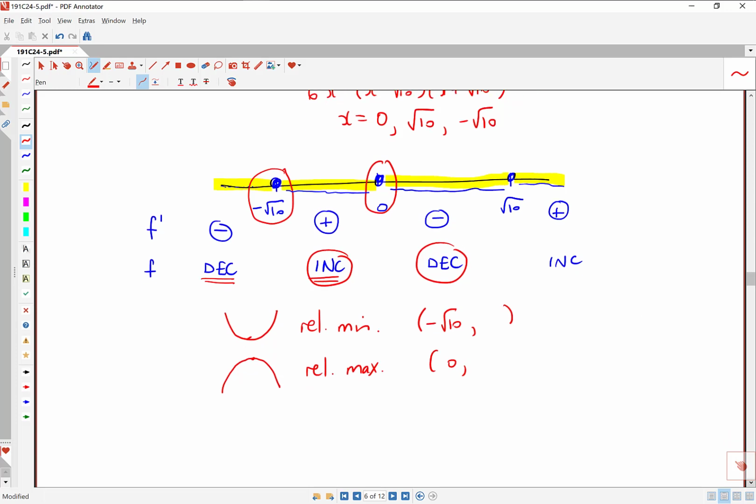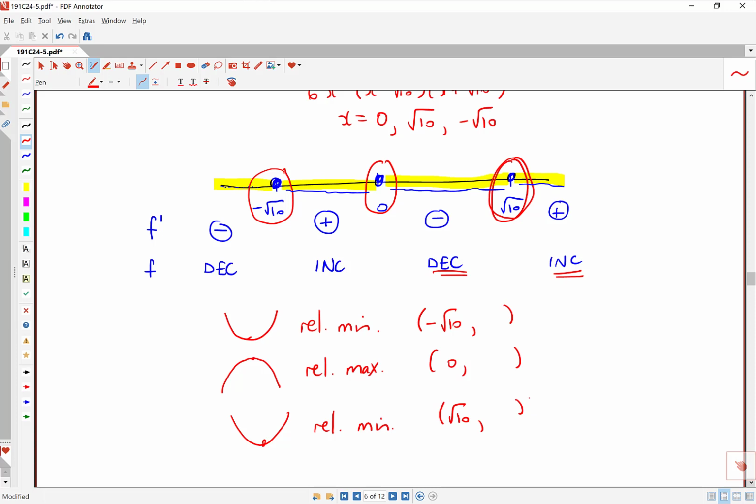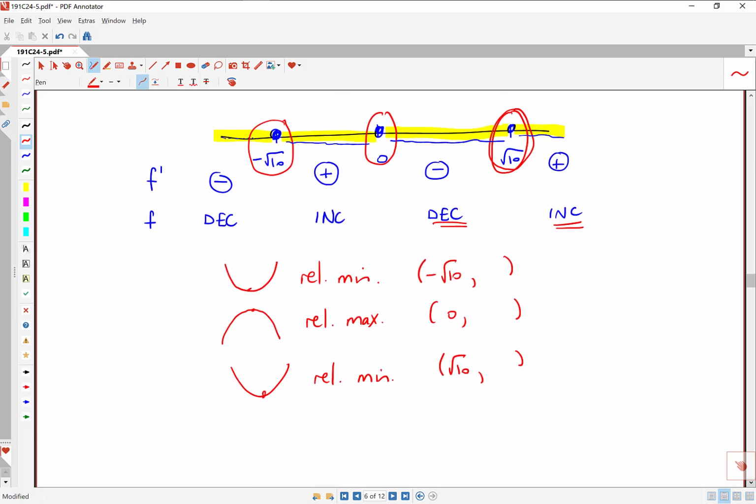And then finally for our last x value over here, x equals root 10, let's think about what the function's doing on either side of that. It's going from decreasing to increasing. So decreasing and then switches to increasing. That tells us we've got a relative minimum when x equals root 10. Okay, so 2 relative minimum points, 1 relative maximum point.